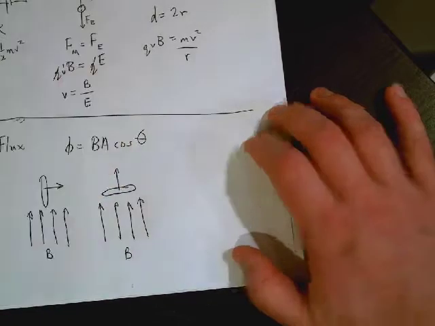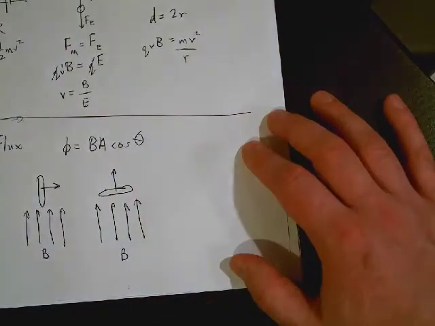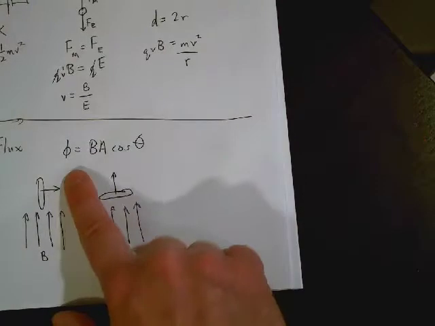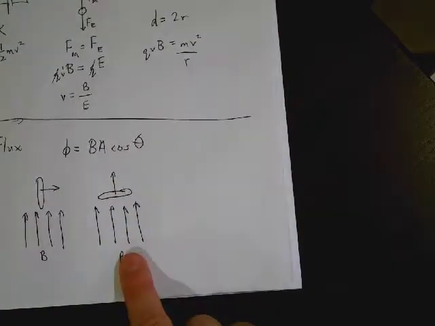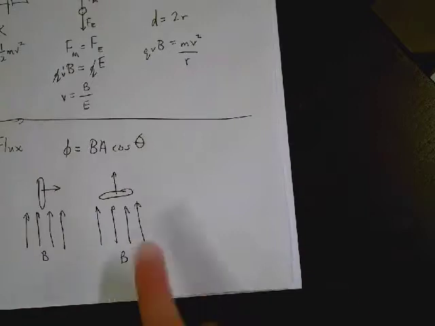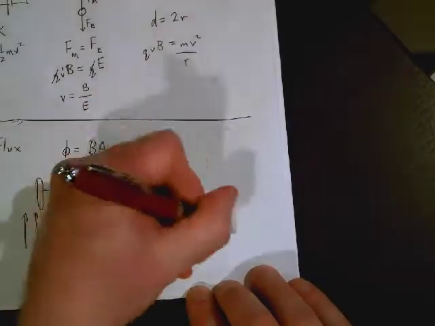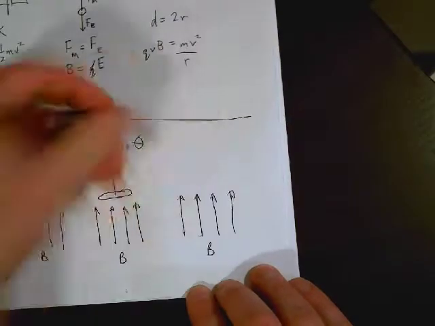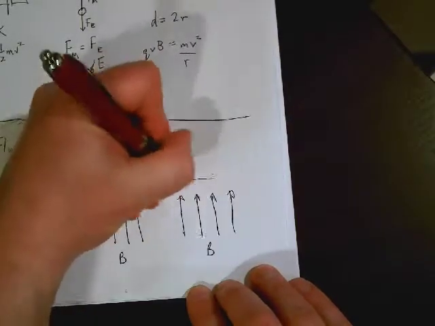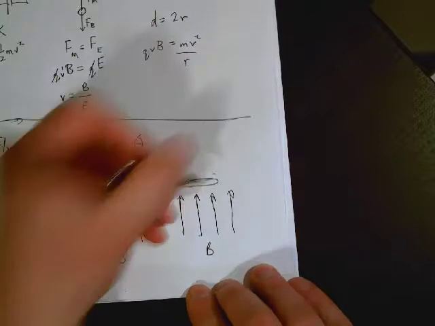Okay, where if you had it like this, that would be the cosine of 0. So your flux would be a maximum like this.